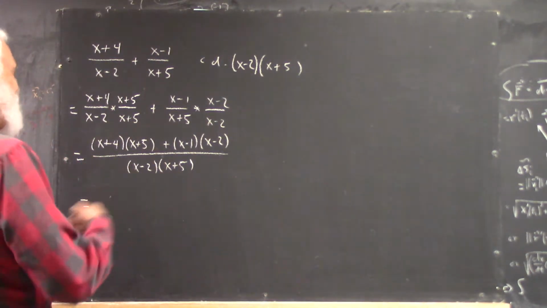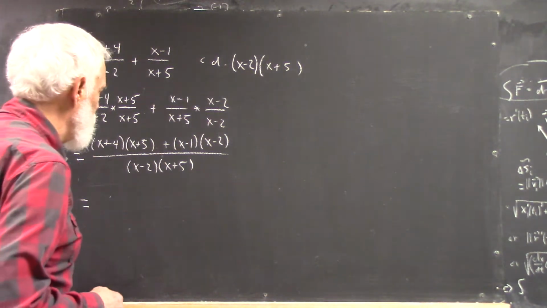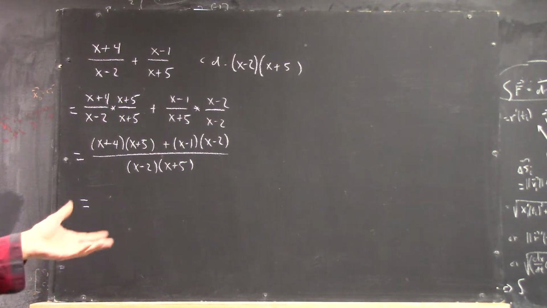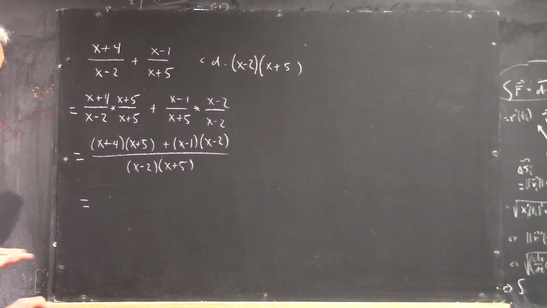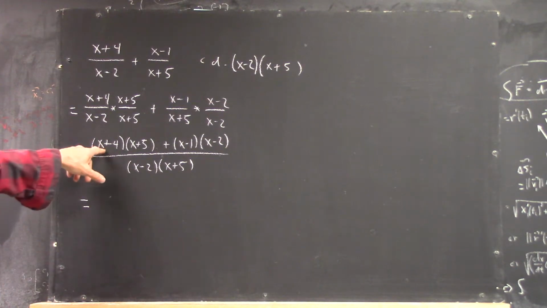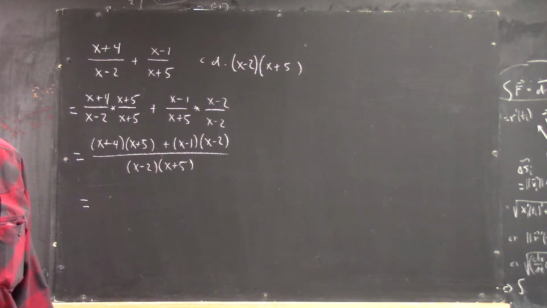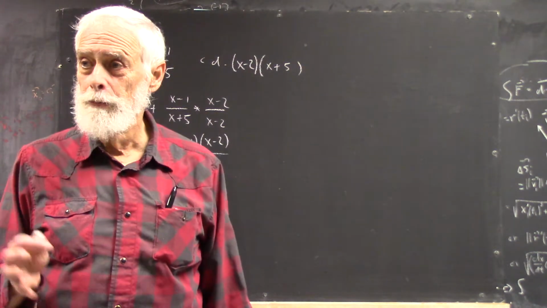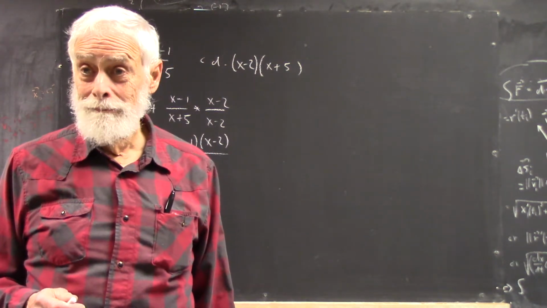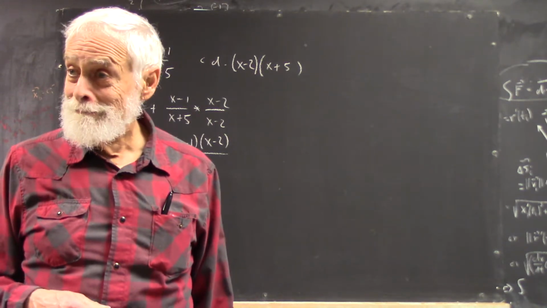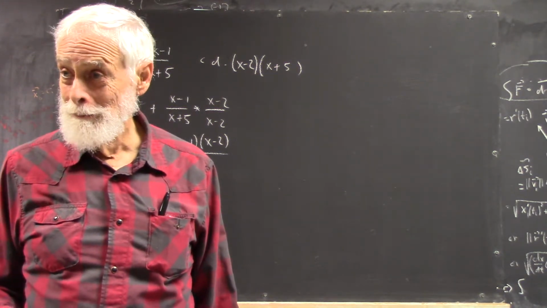Now, here's where things get a little bit complicated. I alluded to this in class last week, but let's be careful about how we multiply these things. How do you multiply x plus 4 by x plus 5? There's one word that I forbid from my class. It's that F word. Starts with F, ends with L, a couple of vowels in between.